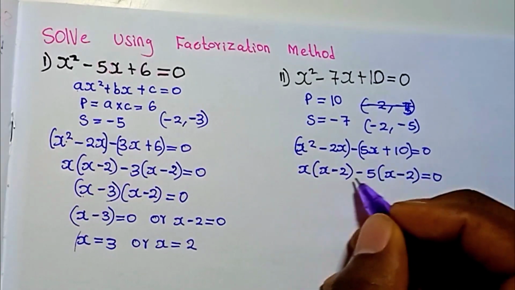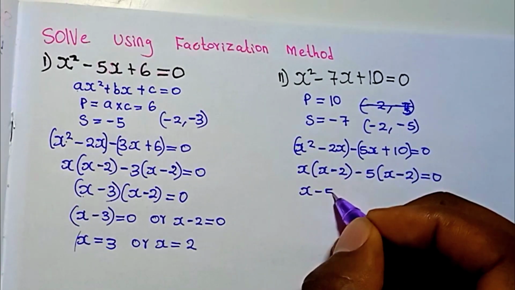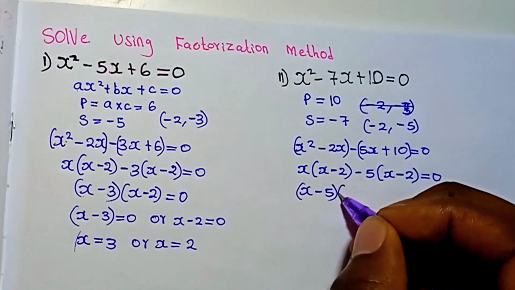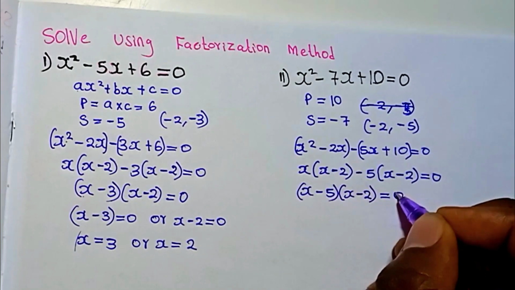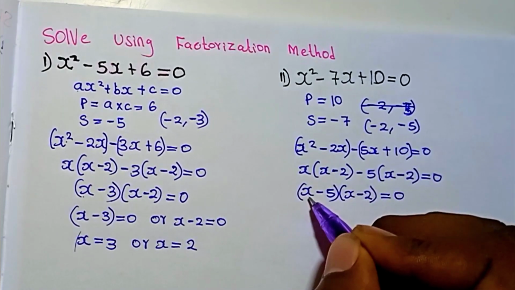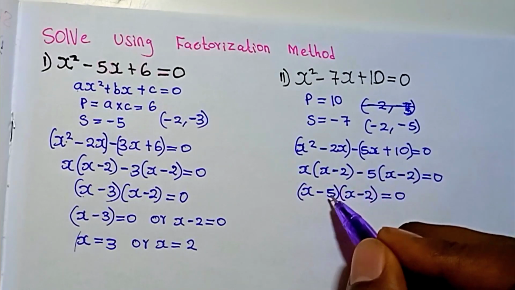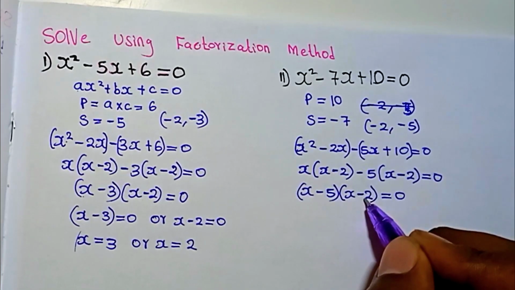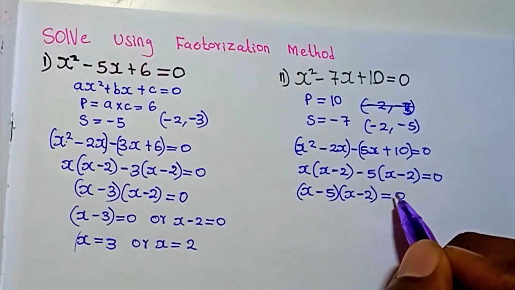So we're going to regroup this again, those outside the bracket, x minus 5 and x minus 2 is equal to 0. So what this means is, we multiply this by this, it's going to give us 0. So either this is 0 or this is 0, because when we multiply a number by 0, it's going to give us 0.